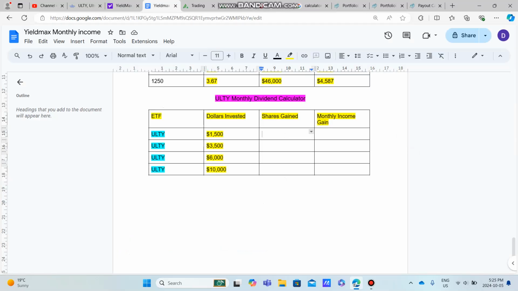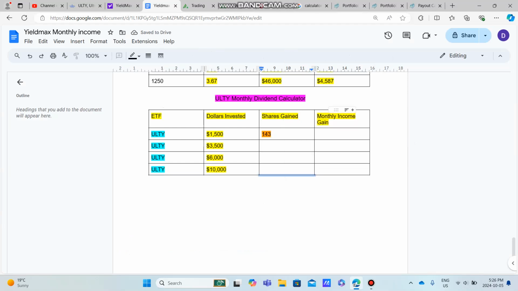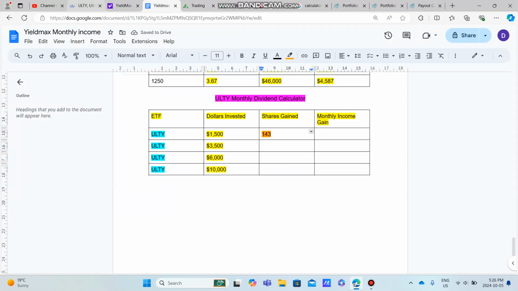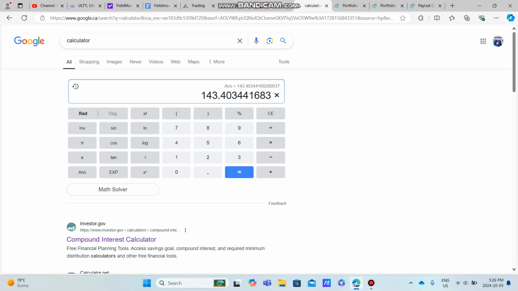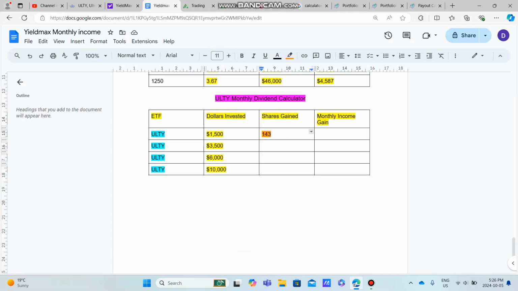We put that in here, 143, boom. That is our total share count, and I want to change this to a different color. Let's do orange. Cool. So 143 shares, and at this dividend of 98 cents, let's see exactly how much monthly income we are to receive. So 0.98, boom. We are going to receive roughly $140 from a $1,500 investment every single month.